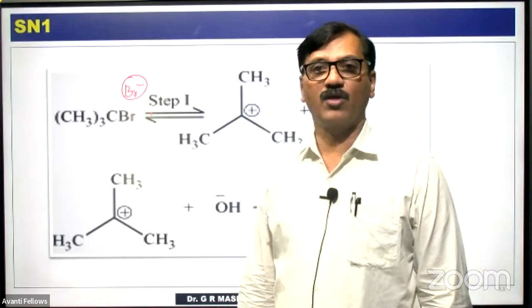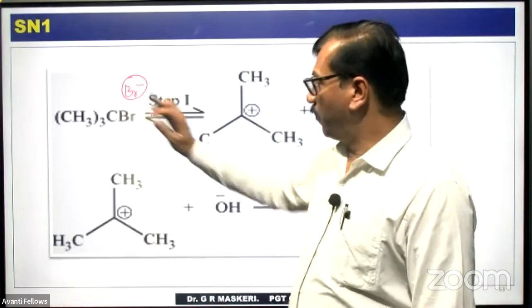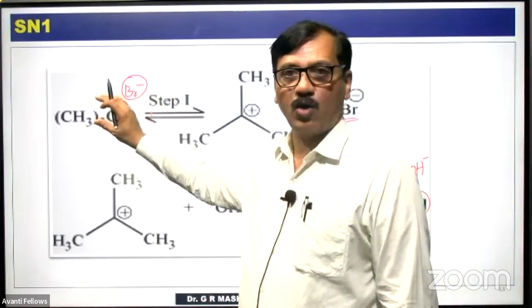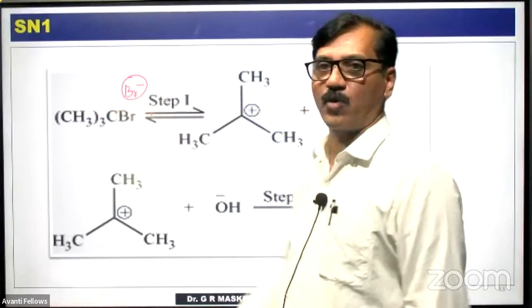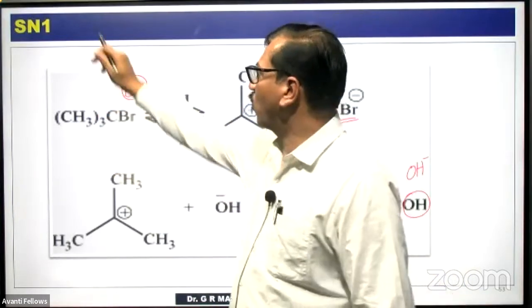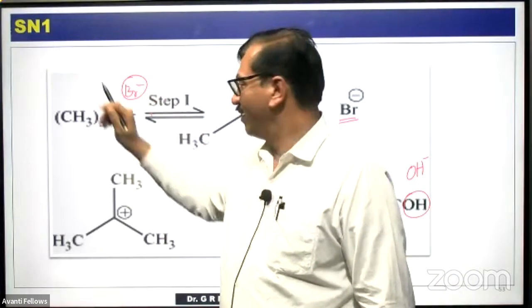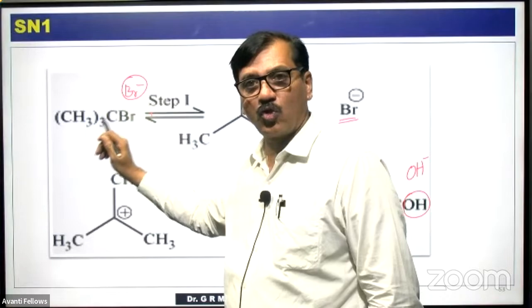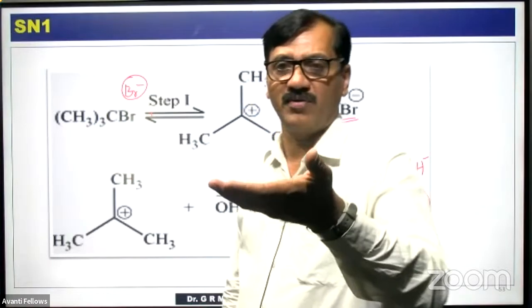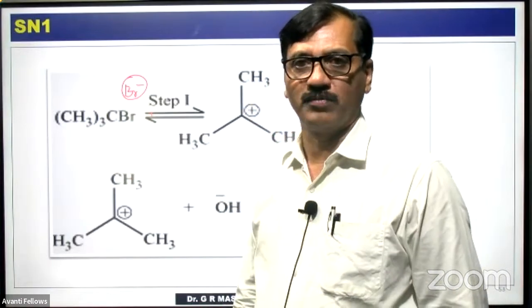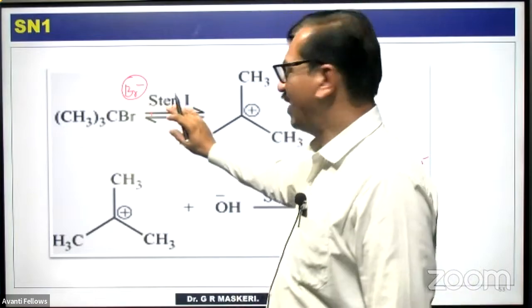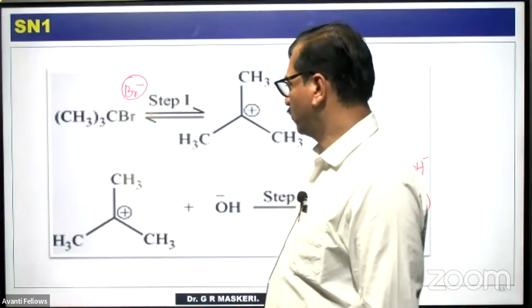A carbocation is being formed. If the compound is such that on its own it can form a carbocation, it will follow the SN1 path. So for following the SN1 path, the compound given should be capable of formation of carbocation on its own, I mean with the reagents available for that.